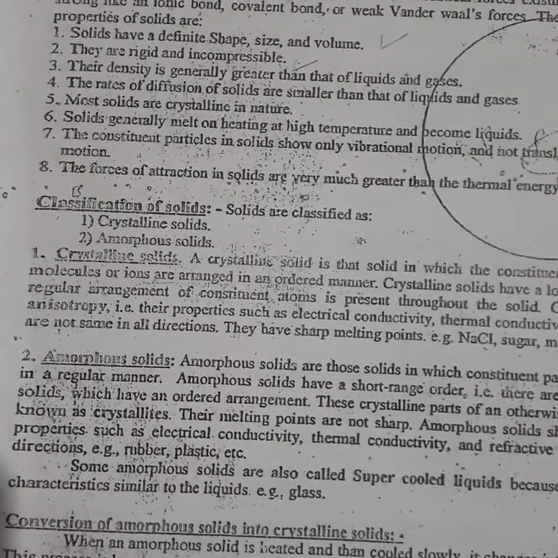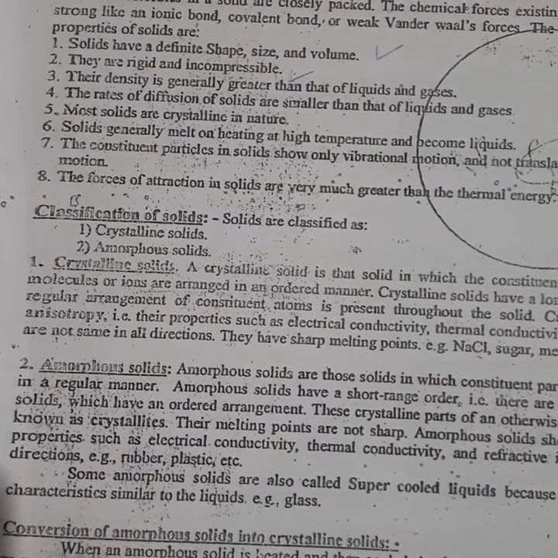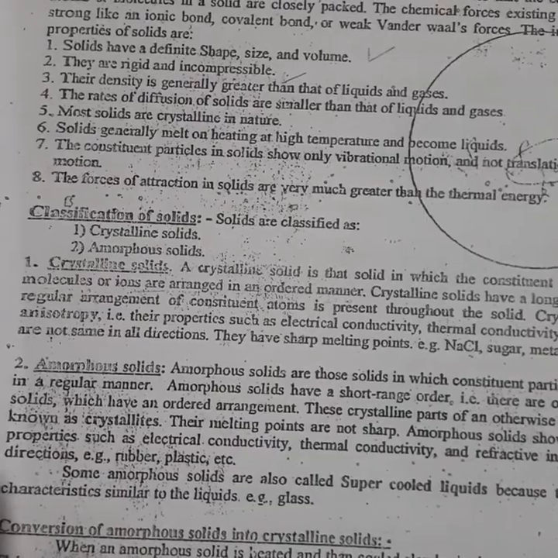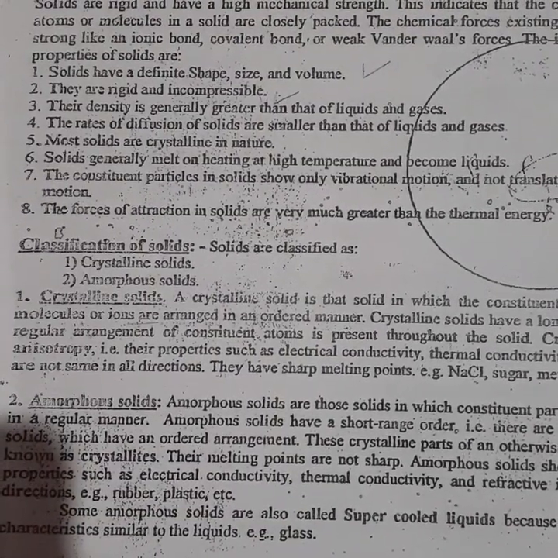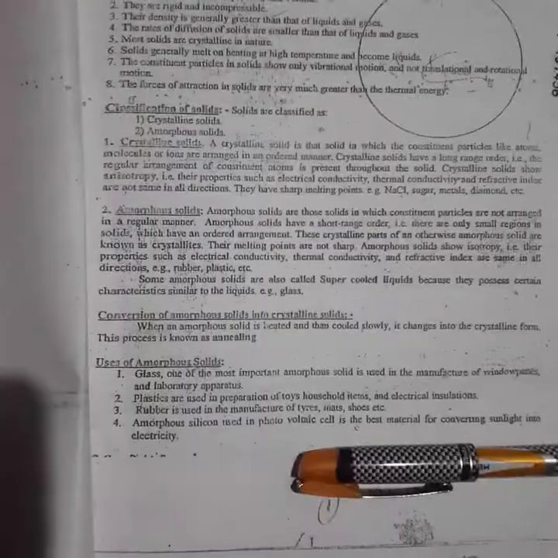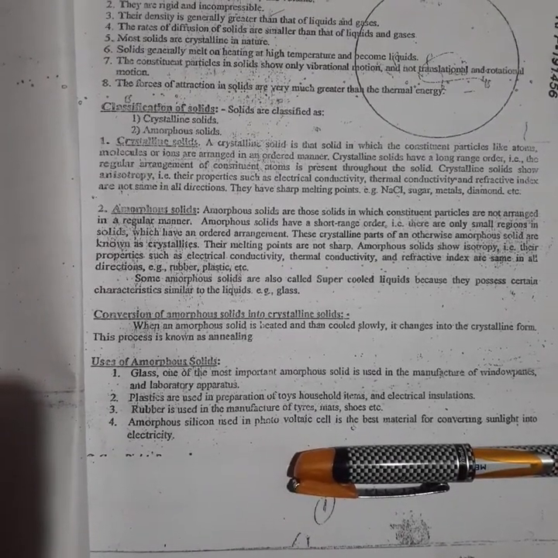Crystalline solids have a definite arrangement, while amorphous solids have an indefinite arrangement. Examples of crystalline solids are NaCl, sugar, metals, diamonds, etc., whereas examples of amorphous solids are glass and rubber, etc.